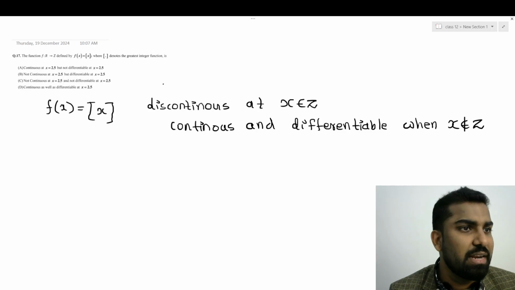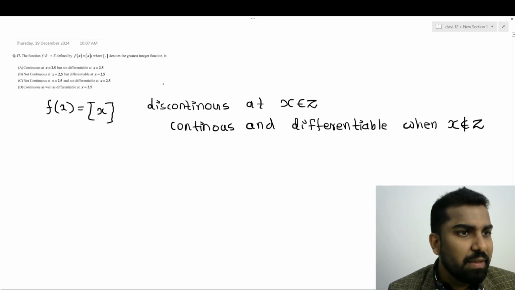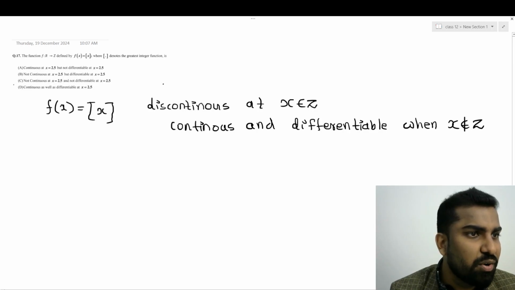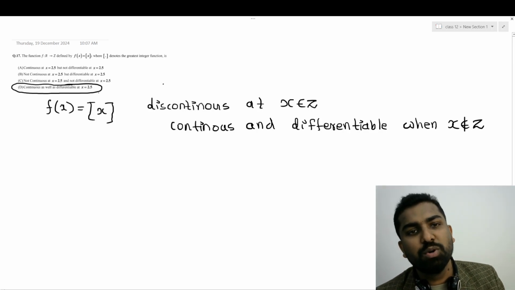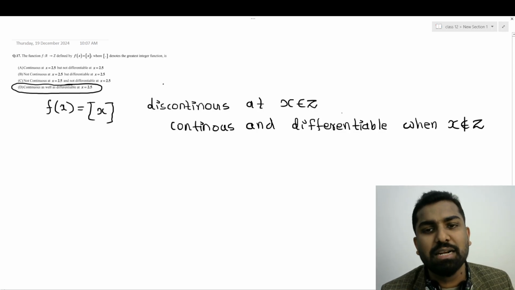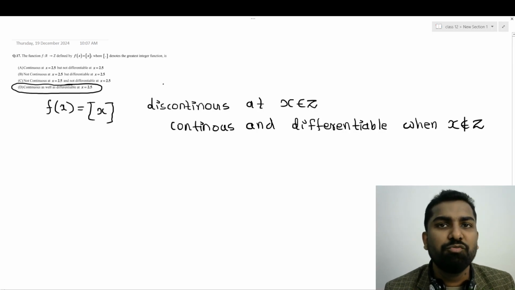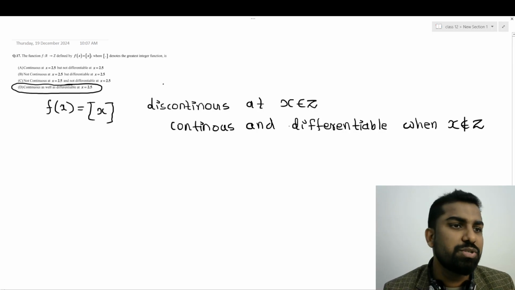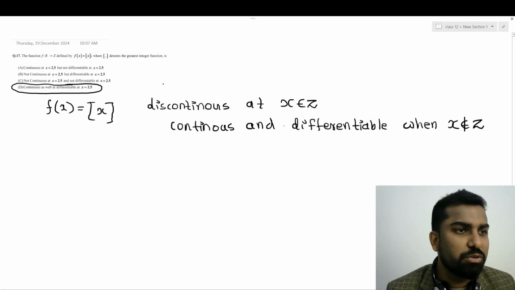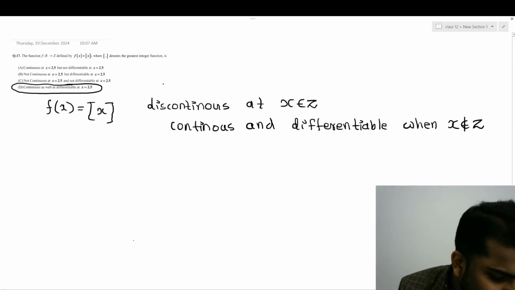So the best and suitable option is the function f of x is continuous as well as differentiable at x equal to 2.5. If you know this result, the function is both continuous and differentiable when x does not belong to integer. The correct option for this question is option D.